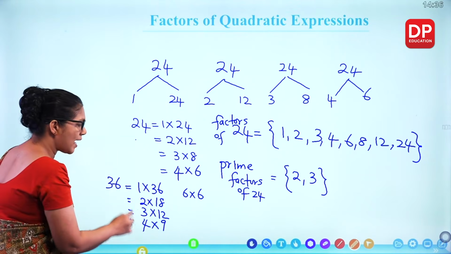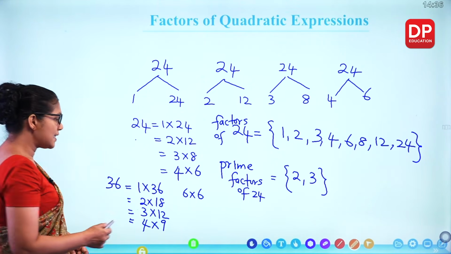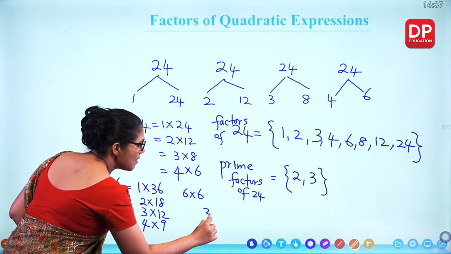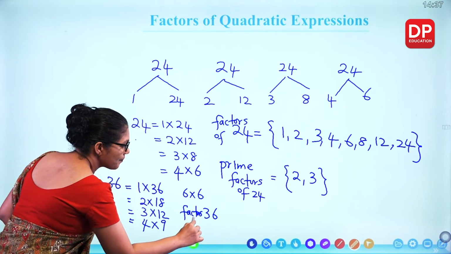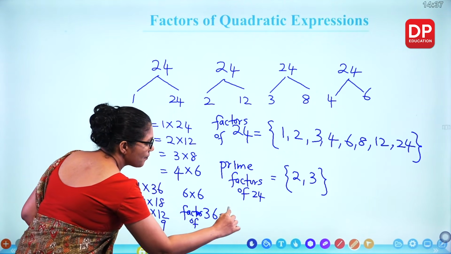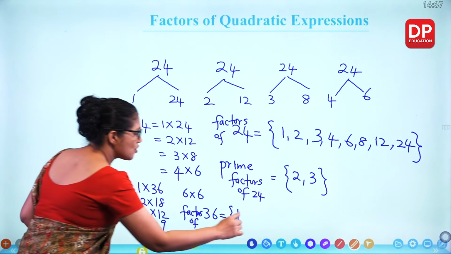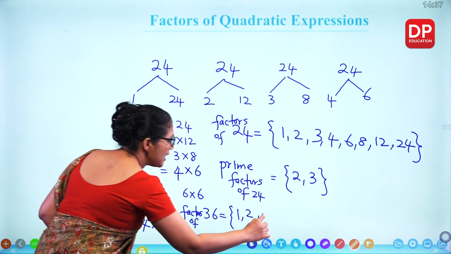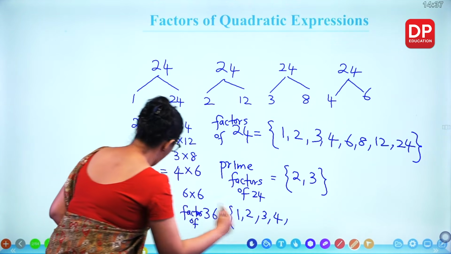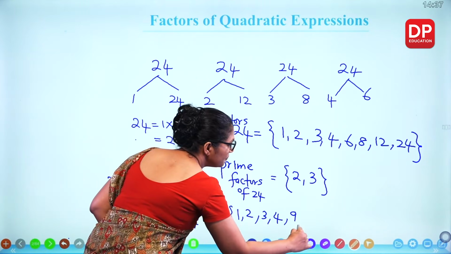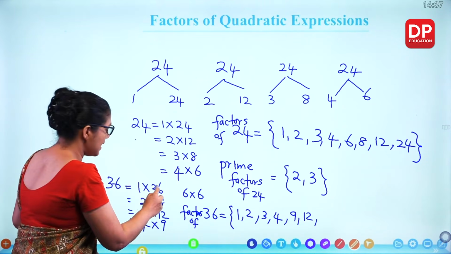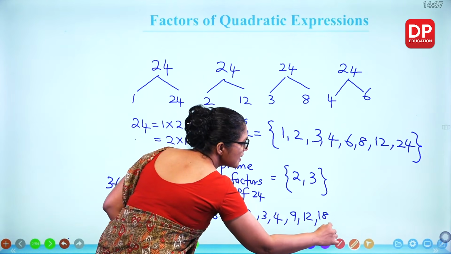So how can we write the factors of 36? The factors of 36 are 1, 2, 3, 4, and again 9, 12, 18 and 36.